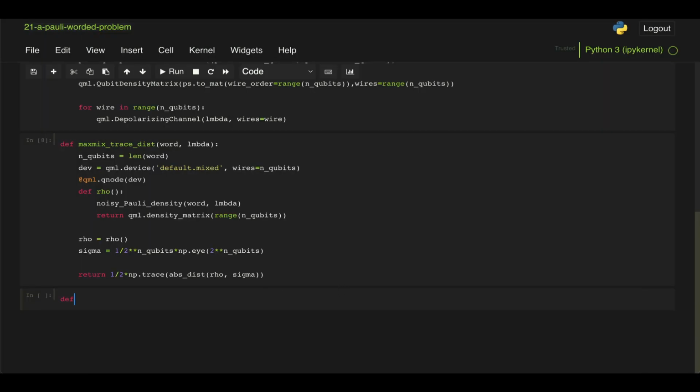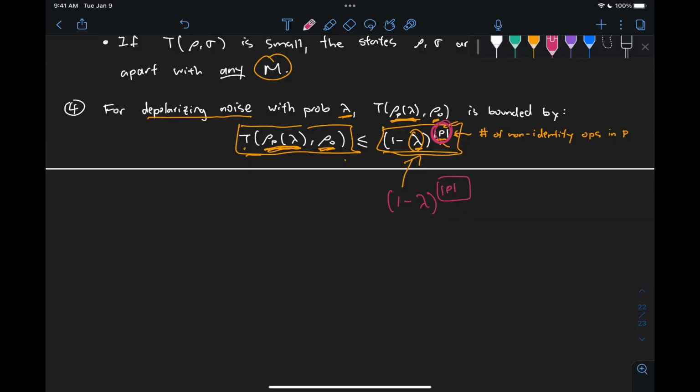And lastly, we're going to define another function called bound verifier that takes again the word and lambda, and it's basically going to return what we're being asked, which is the difference between the trace distance of our noisy Pauli word density matrix and the maximally mixed state density matrix, and this parameter 1 minus lambda to the number of non-identity operations in the Pauli word.